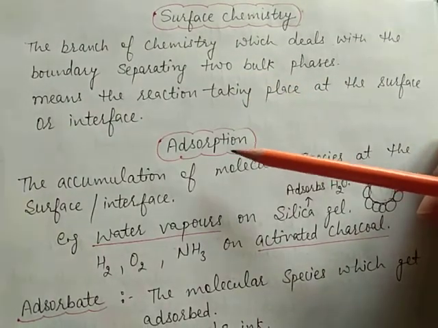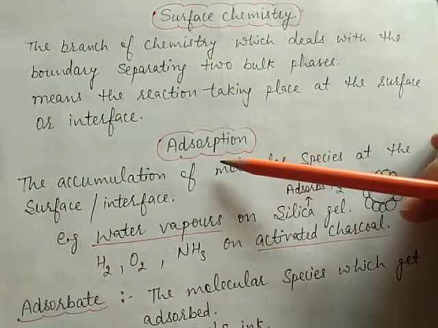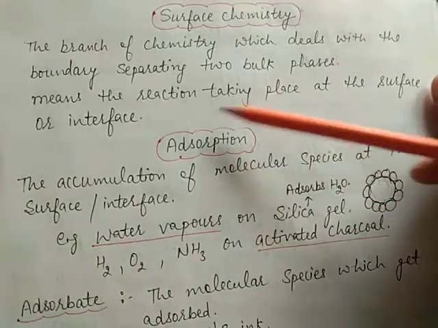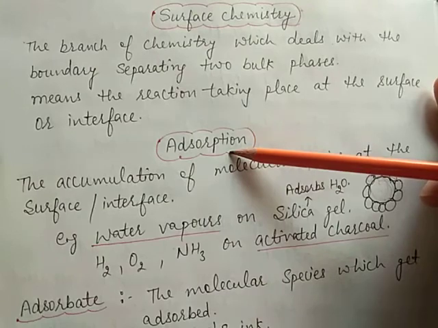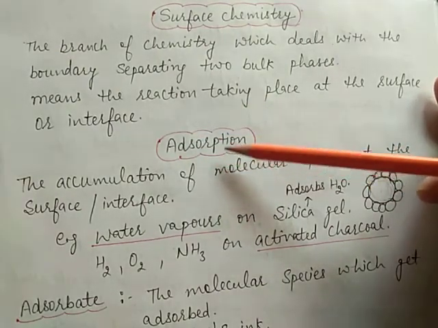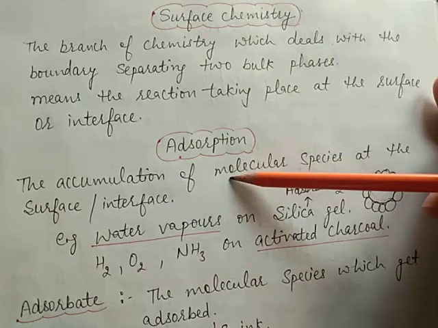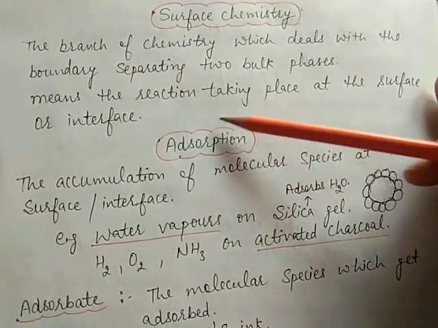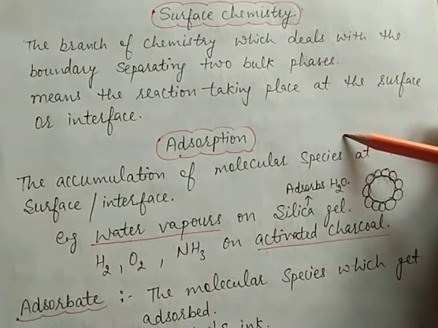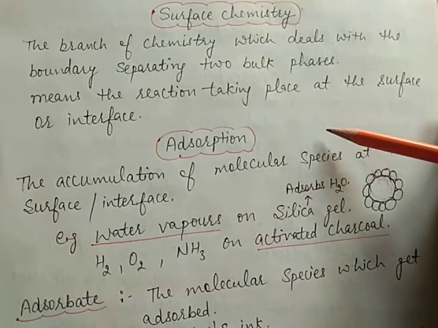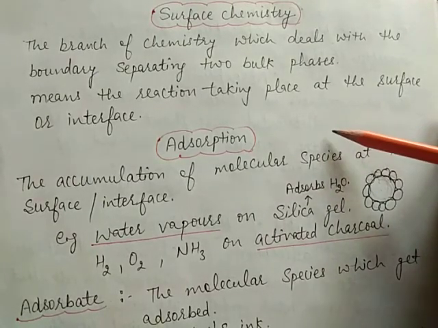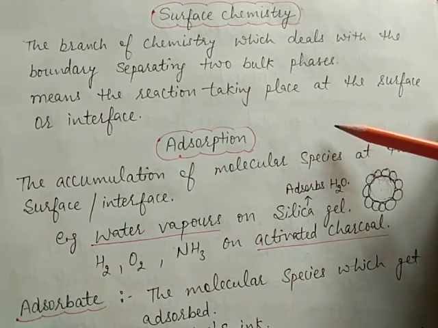Now, what is the difference between adsorption and absorption? First, adsorption is the phenomenon of higher concentration of particles of gas or liquid on the surface. But in the case of absorption, it is the phenomenon in which the particles of gas or liquid get uniformly distributed throughout the bulk of the solid.